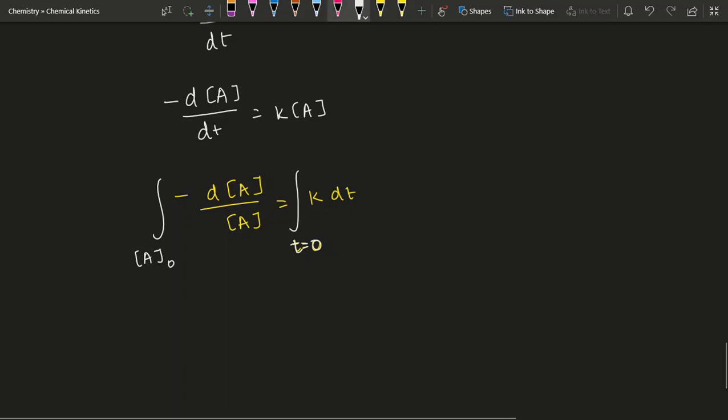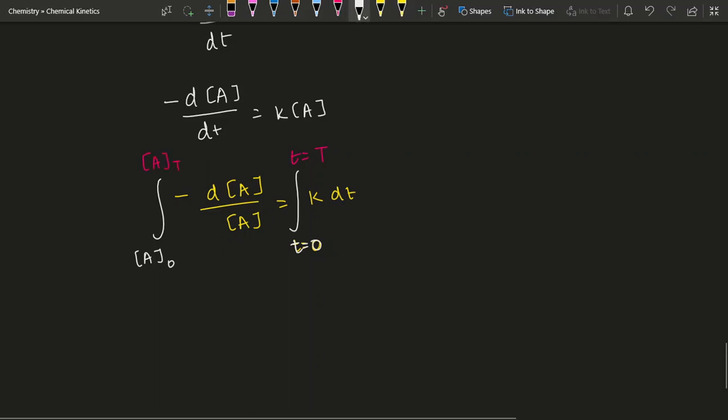And the time where we want to figure out the concentration, let's take it to be capital T. And the concentration that we want to figure out at capital T, let us take it to be A at capital T.